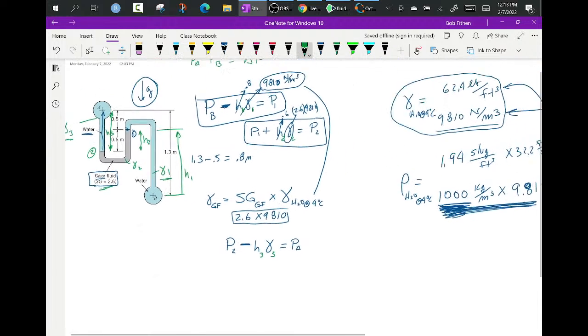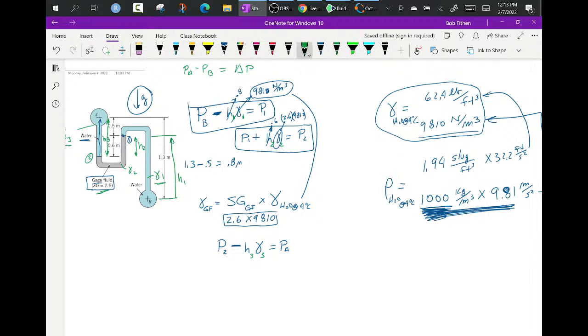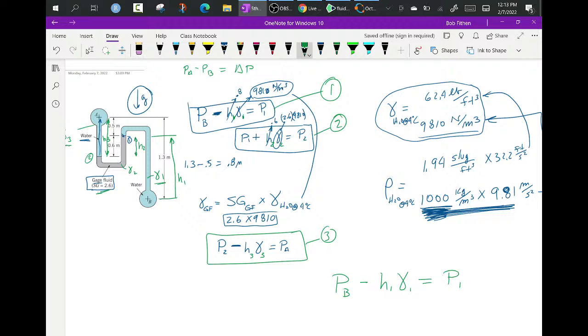And here's the reason I do that. I'm going to copy these 3 equations. The first one, and the second one, and then the third one. PB minus H1 gamma 1, we'll put the numbers in there in a second, plus P1.